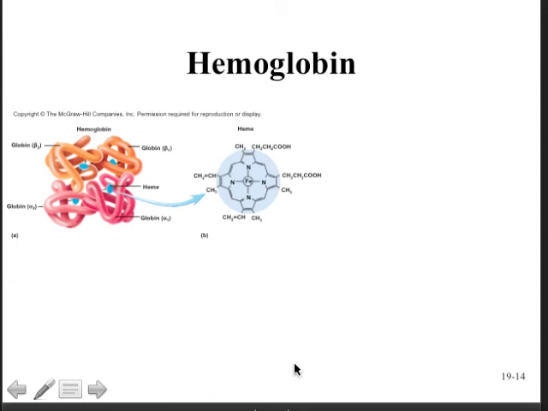Heme is this really funky looking organic molecule that has an iron atom at its center surrounded by pyrrolidine nitrogens. The iron is what binds to the oxygen molecule. So you can see that in every hemoglobin molecule you've got 4 polypeptide chains, 2 betas and 2 alphas, and they each carry a single heme, each of which can carry an oxygen molecule.